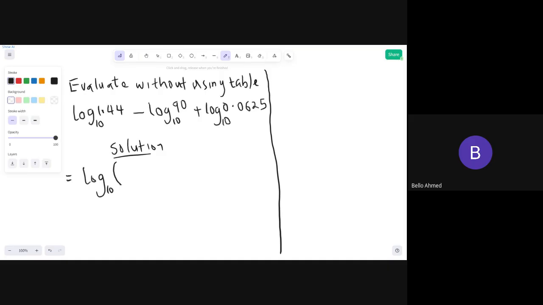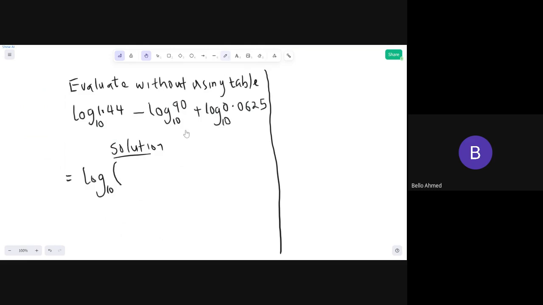Logarithm of 1.44 has no sign, which means it's positive, so you multiply it with the plus: logarithm of 1.44 base 10 plus logarithm of 0.0625 base 10, just like the first one I wrote. Then minus means division: the one that is minus is the denominator. The ones that are plus, multiply them on the numerator. Anyone that is minus, put it as the denominator.